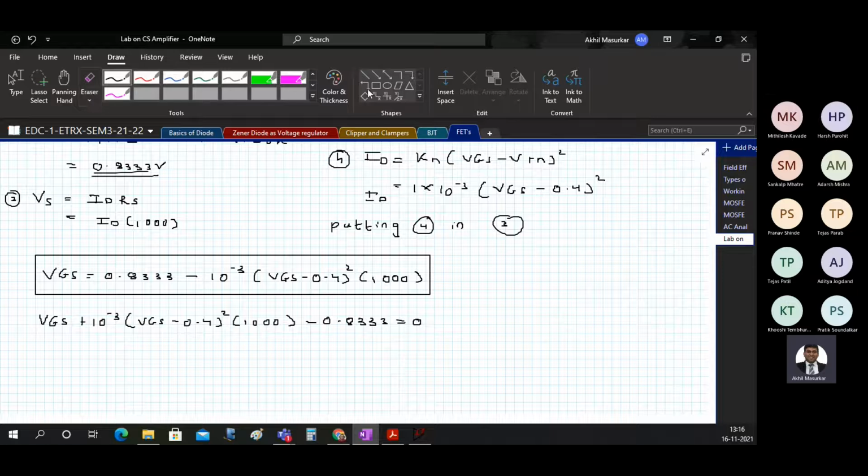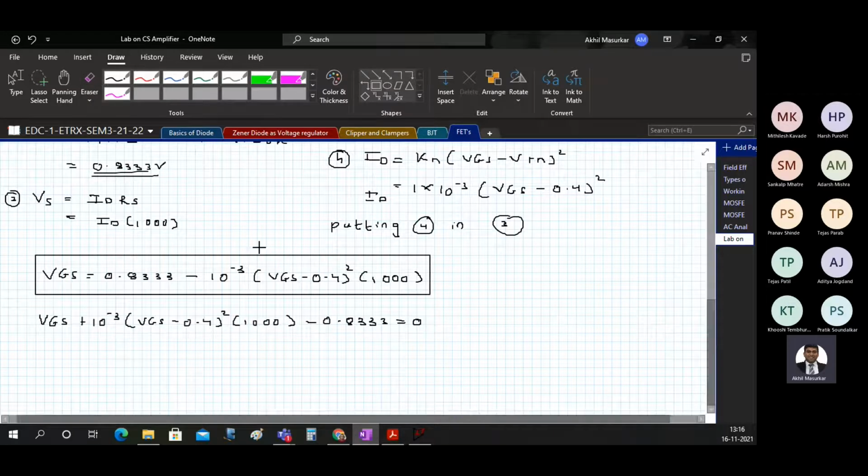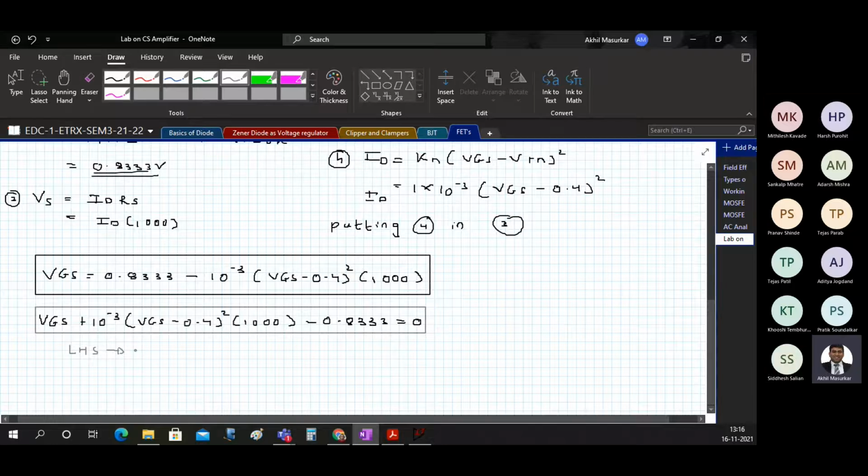Now substitute the entire LHS in the calculator, with VGS as the variable, and then press shift solve only once.